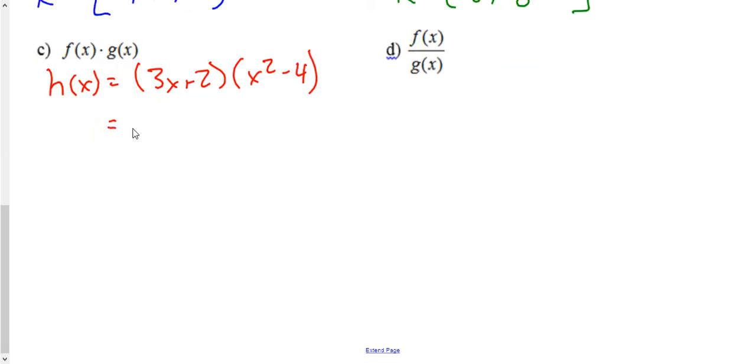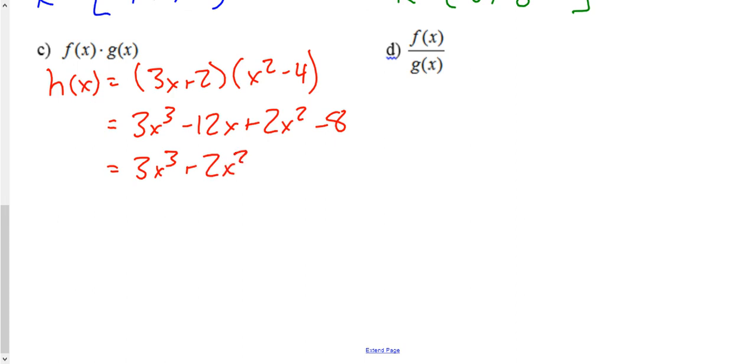So if I distribute this out, I'm going to get 3x cubed minus 12x plus 2x squared minus 8. And then sorting it out properly, we have 3x cubed plus 2x squared minus 12x minus 8. And there we go. We have our equation.